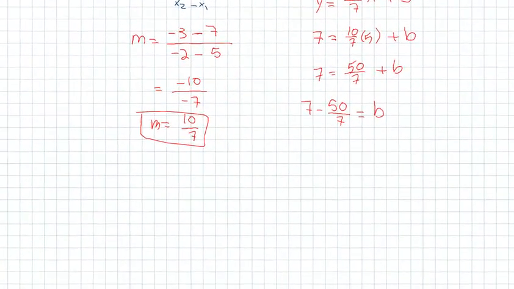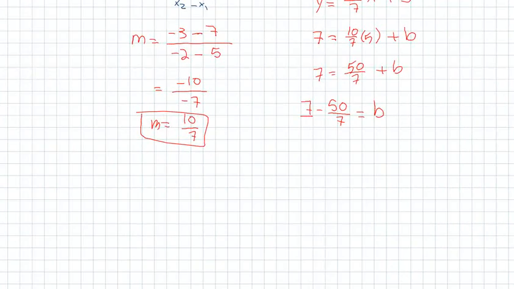How can I subtract or add fractions? That's right. Common denominator is very important for adding fractions. What's the denominator for this 7? 1. Right? Because it's a whole number, it's divided by 1.